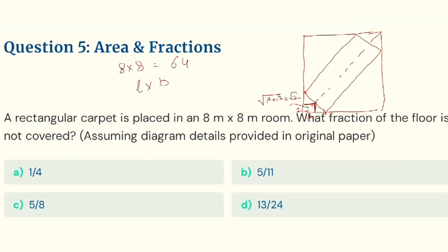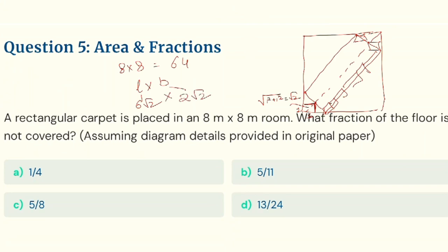Now you can see this diagonal is covering 6 blocks in this image over the length. So length will be 6 times root 2, and the breadth is covering only 2 square diagonals, 1 and 2, so breadth will be 2 root 2.